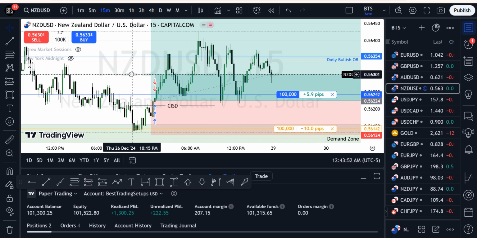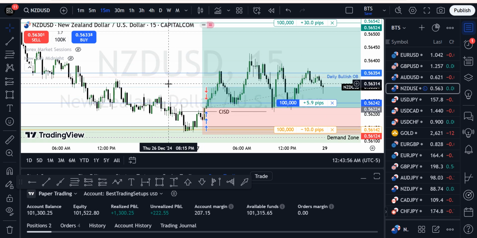Change in state of delivery. Let me quickly explain what change in state of delivery is. Change in state of delivery is when price comes to a POI, you want to see price behave in a certain pattern. So you are not just going to be picking change in state of delivery from any point.